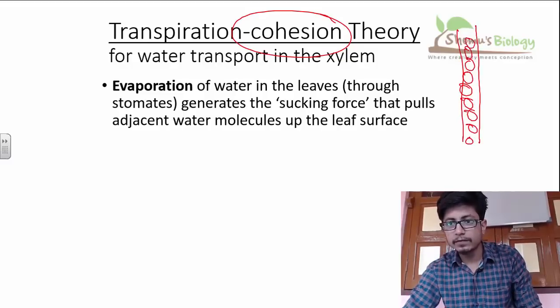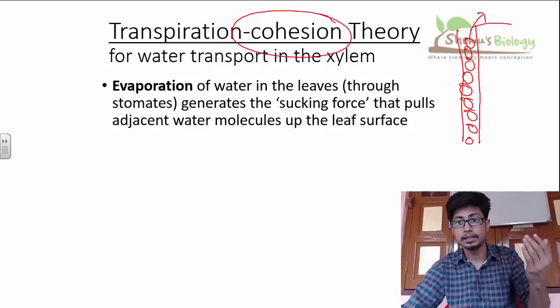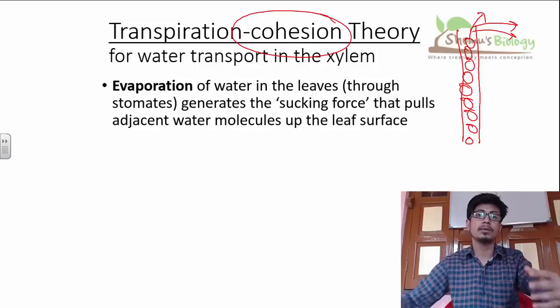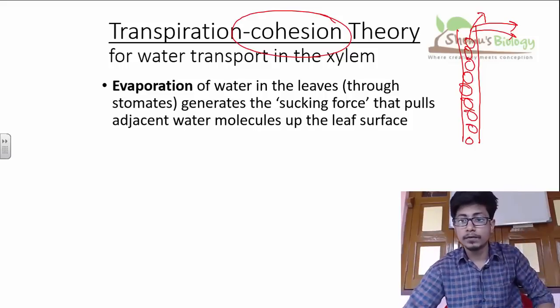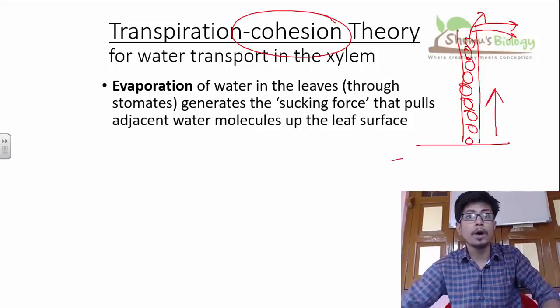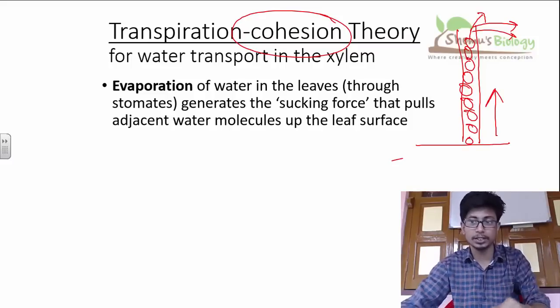So if we apply some force to start removing water from there, it will slowly start pulling other water along. The whole set of water molecules starts to come from the root region towards the top of the plant, because the water molecules are cohesively attached to each other.